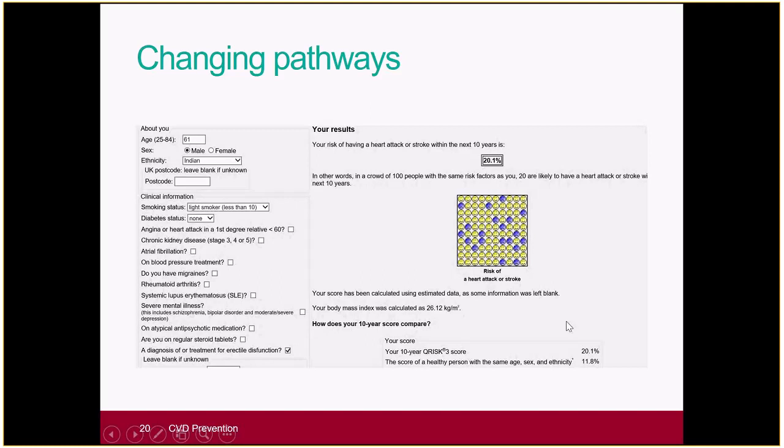If you look down here, it doubles this chap's risk. It was already increased because of his smoking, but it doubles his risk. And therefore, his treatment pathway has changed from offered a statin to definitely offered a statin, not offered another health check, and he should be seen every year. So changing pathways is more difficult when it's on the cusp.